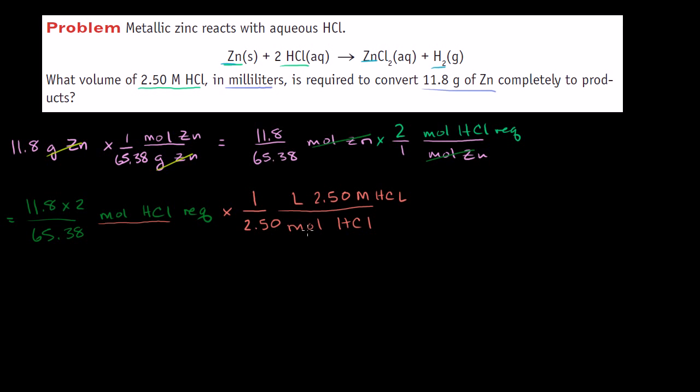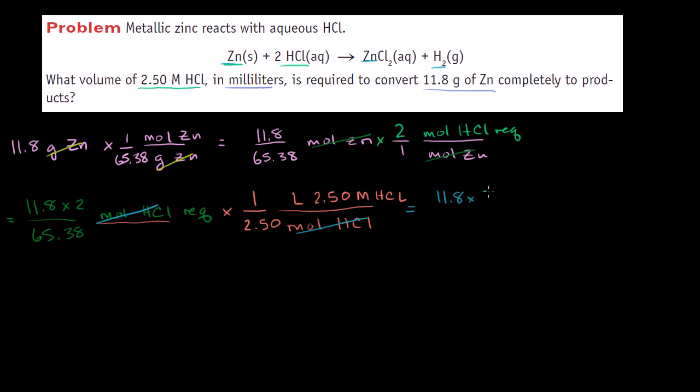And I wrote the moles in the denominator because I wanted to cancel out here. So it's 1 over 2.5. So let's cancel those two out. That cancels out with that right there. And then we are left with 11.8 times 2 in the numerator.